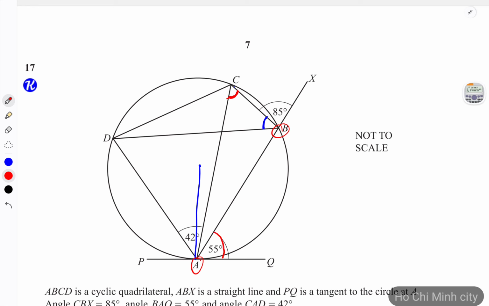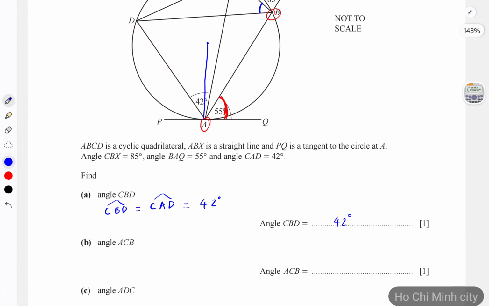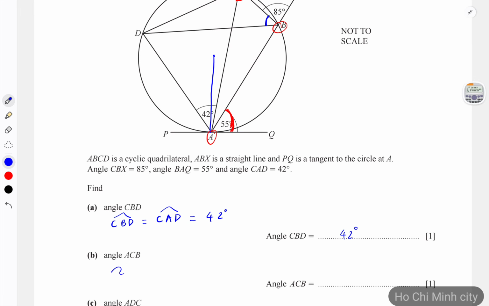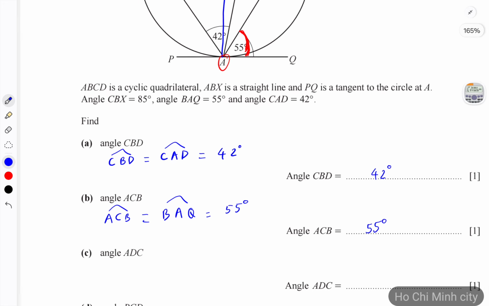So that is this angle, and this angle equals 55 degrees. So we will write down here ACB is BAQ, and we have 55 degrees. All right, the next one.